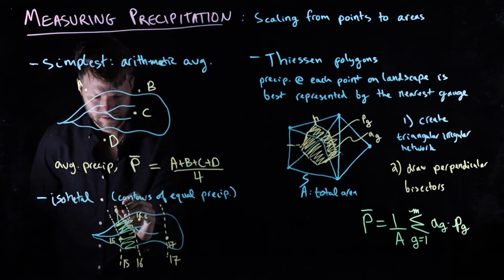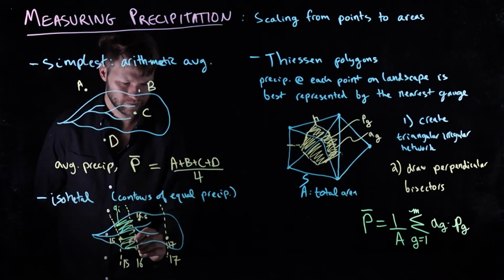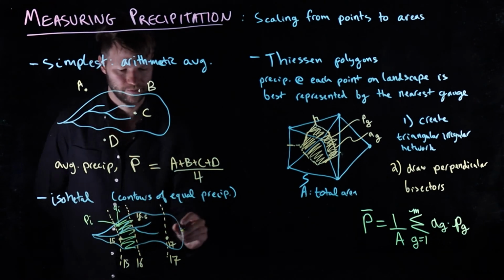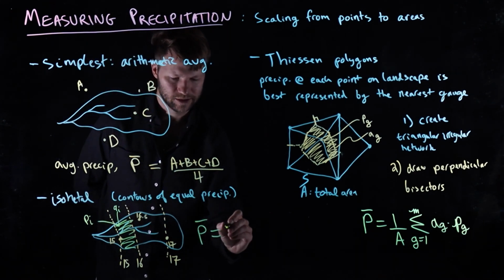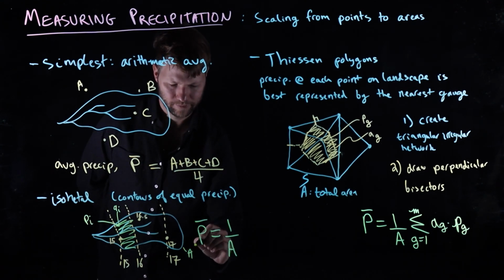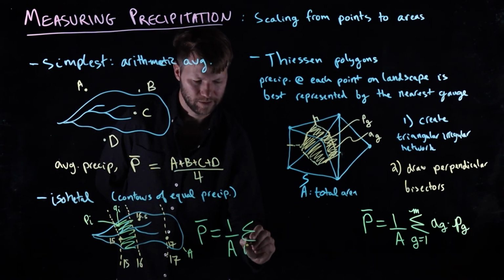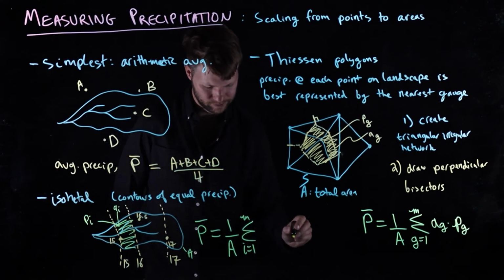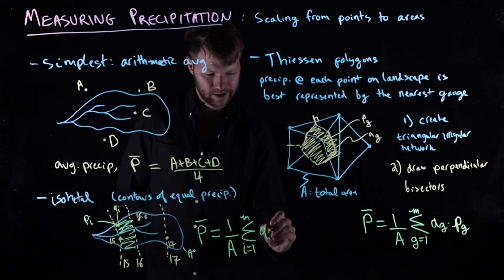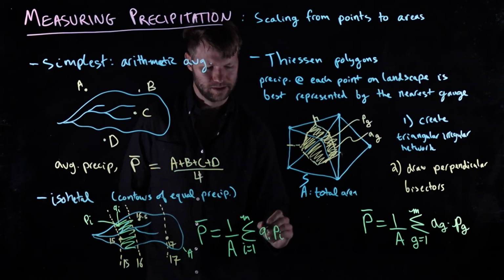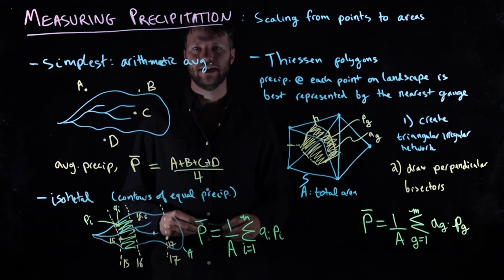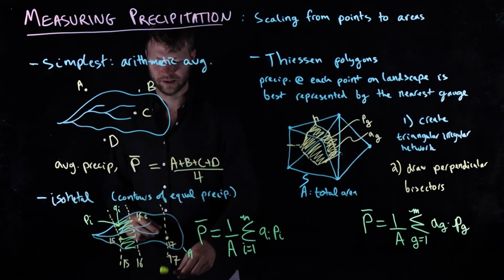And if we call this A sub I, and it's got an average precipitation, P sub I, again, the average precipitation is going to be 1 over the total area of the catchment, big A, times the sum from I equals 1 to M, or however many zones there are, of the area in each zone weighted by the precipitation amount in each zone. So it's another weighted average, but in this case it's taking into account these spatial gradients that may occur in the catchment.